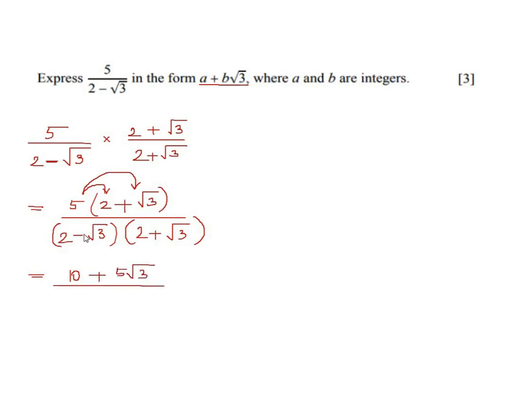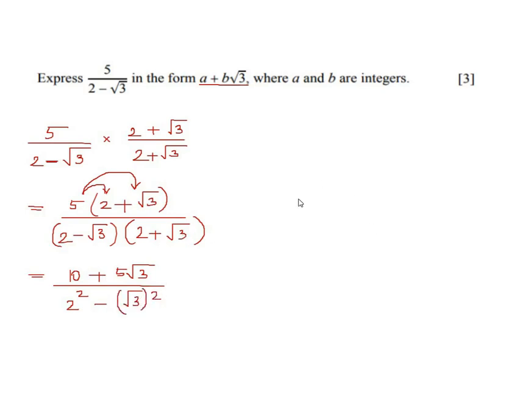divided by, this you can see it's a pair which is the same but having opposite signs. So we can write it as 2 squared, plus with a minus gives us minus, and radical 3 times radical 3 is radical 3 squared.